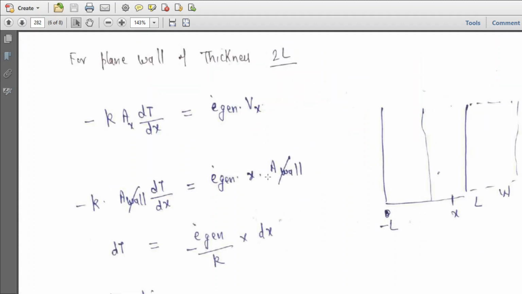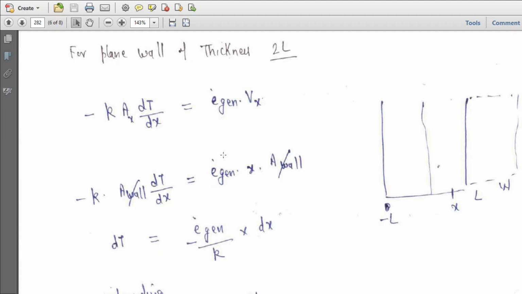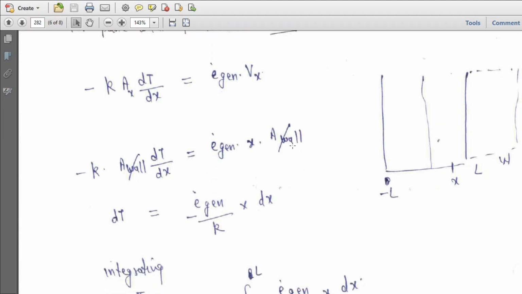Now in case of a plane wall, the governing equation is minus k A dT upon dx equal to E dot generation into V x, the volume. So for that case, A x is the area of the wall, and k A wall dT upon dx equals E dot generation into A wall. V x is actually the volume, so volume is x into the area of the wall.